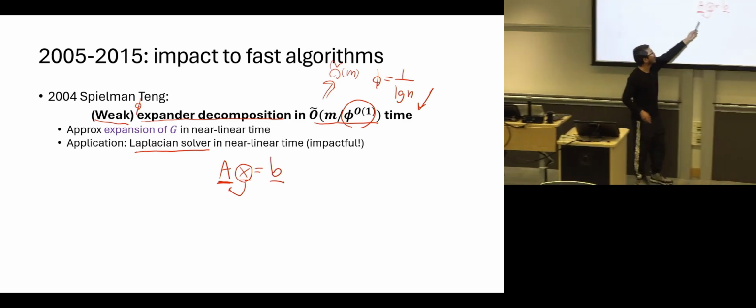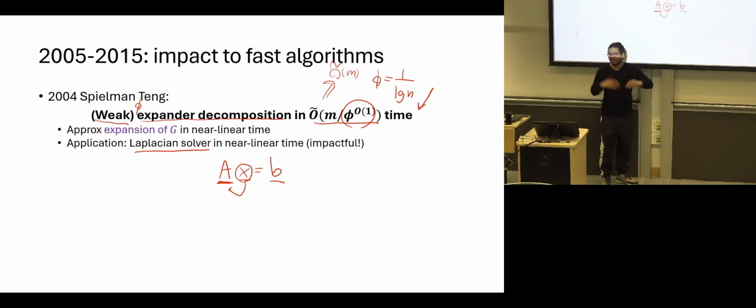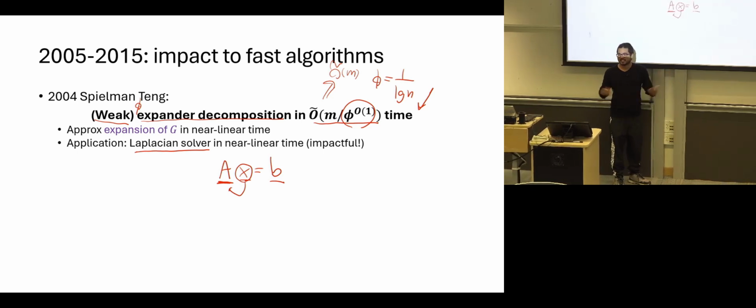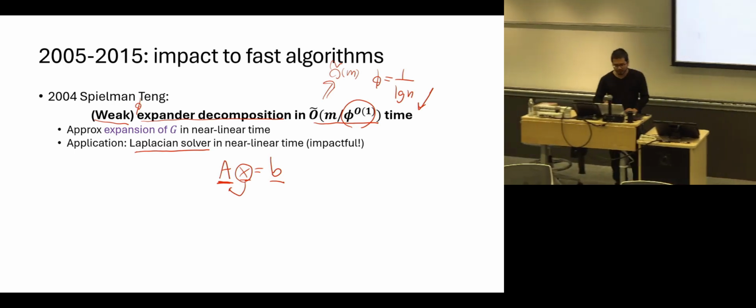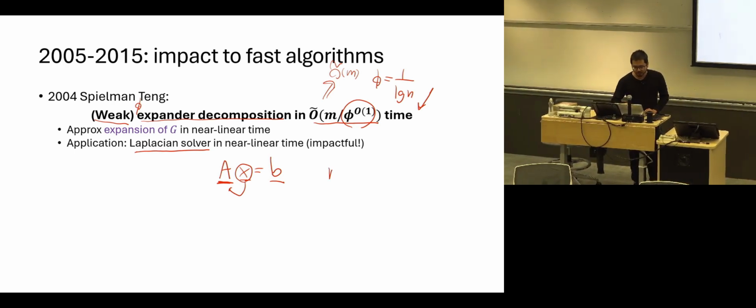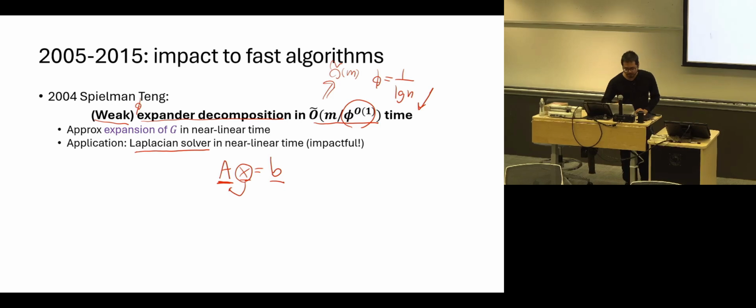In general, this is called a linear system solver. Super important, right? Like solving linear systems. And the best known algorithm for this problem is just to compute x, which is A inverse times b. How to compute A inverse? That takes n to the omega time, which is slow. Okay.